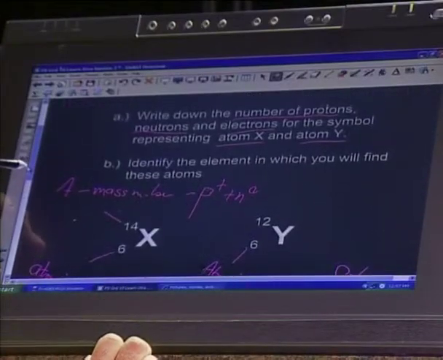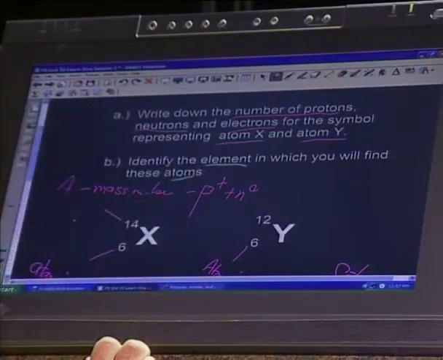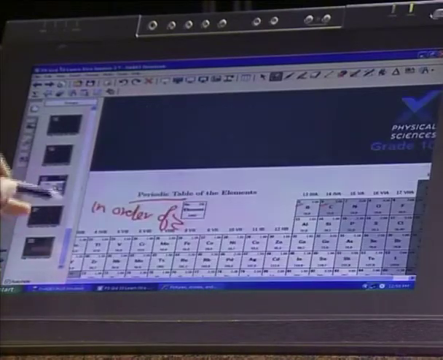Let's move on. What does it say? Identify the element in which you will find these atoms. The question tells us they belong to the same element. How are we going to find which element it is? Well, we know there are 6 protons. We know it has an atomic number of 6, number 6 on the periodic table. Let's just look at what is number 6 on the periodic table, and maybe you'll even know it.